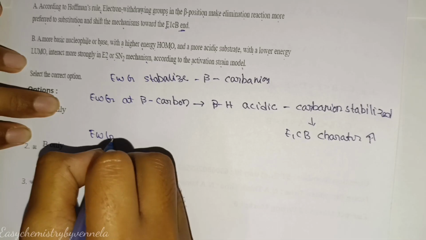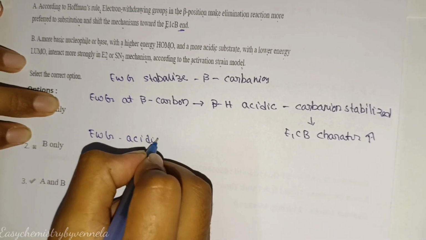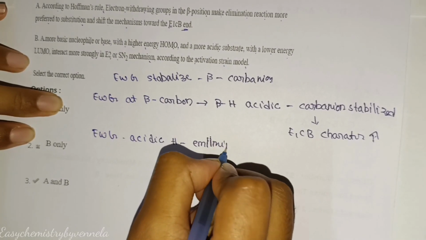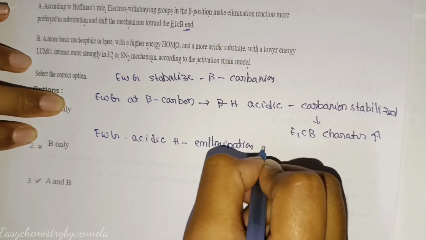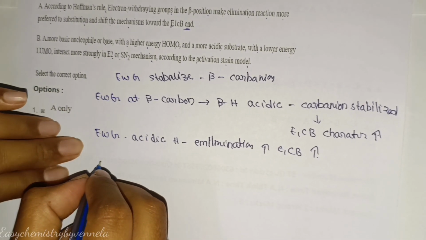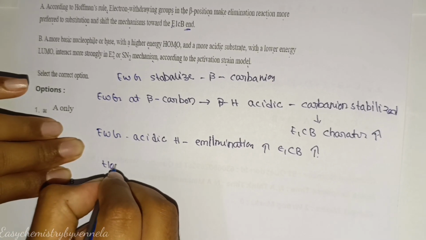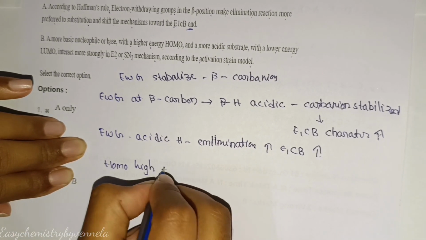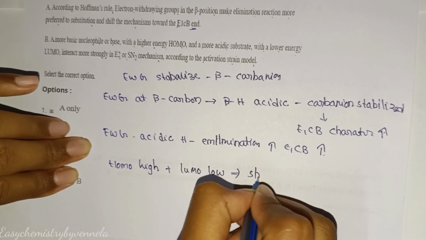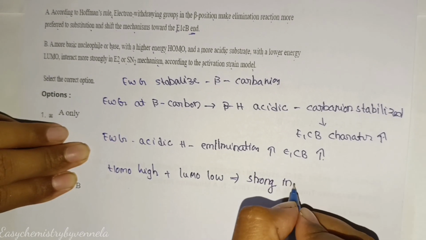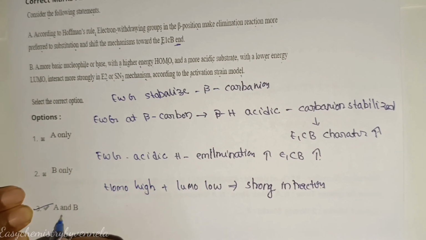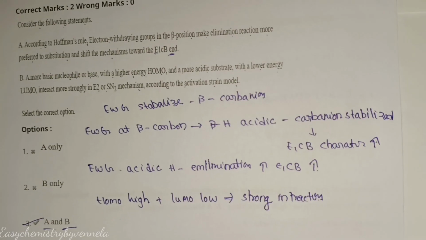Next, electron withdrawing group makes hydrogen acidic and elimination increases, E1cB increases. So finally HOMO high and LUMO low. This is the strong interaction. So these two statements are correct. Third option is the correct one.